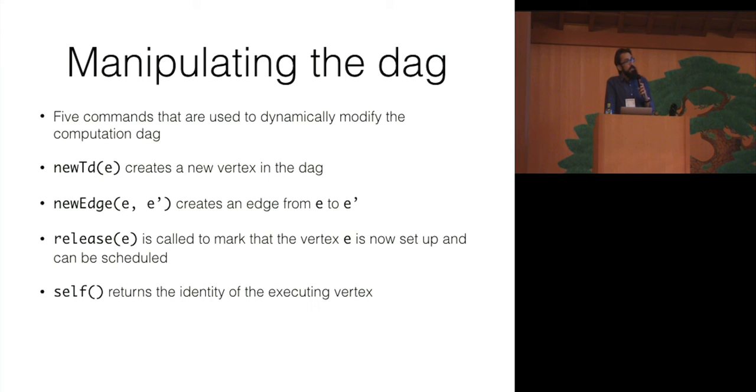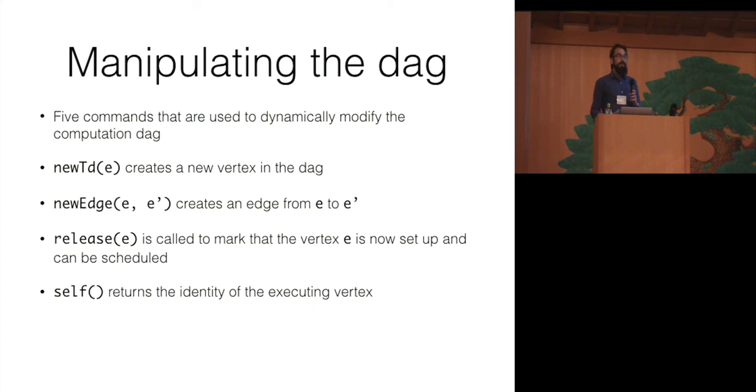And finally, the vertex that creates the subcomputations, in the case of fork join, async-finish, basically in all of these constructs, after it sets up the subcomputations, needs to wait for the result.